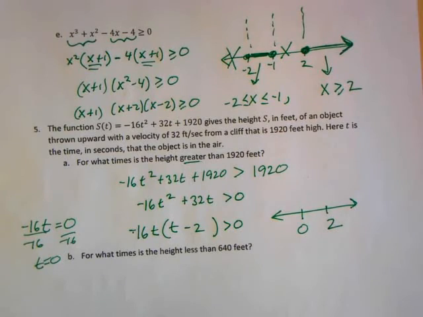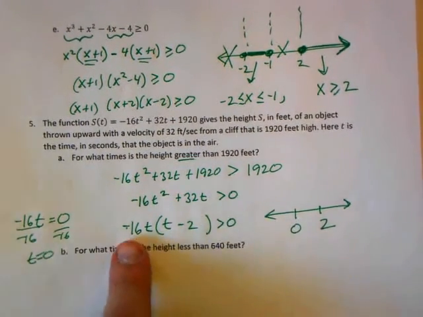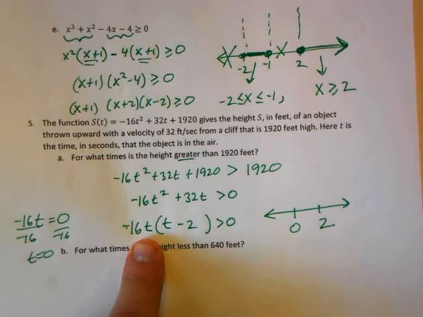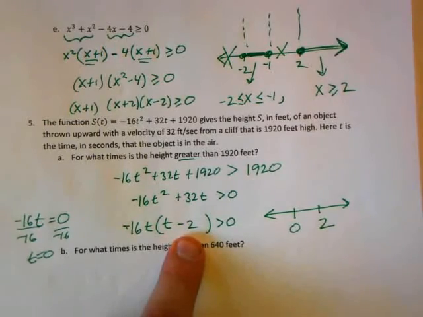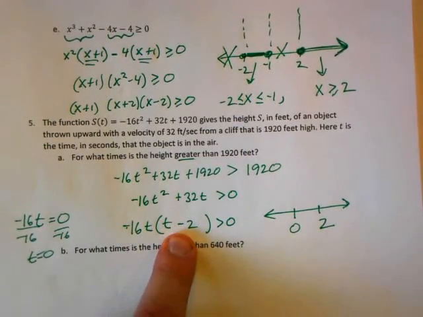Favorite number bigger than 2? 3. If I plug 3 in, what's negative 16 times 3? It's negative. That's all I really need to know. Negative 48 for those playing at home. But it is negative. 3 minus 2 is 1. So a negative number times a positive number is negative.